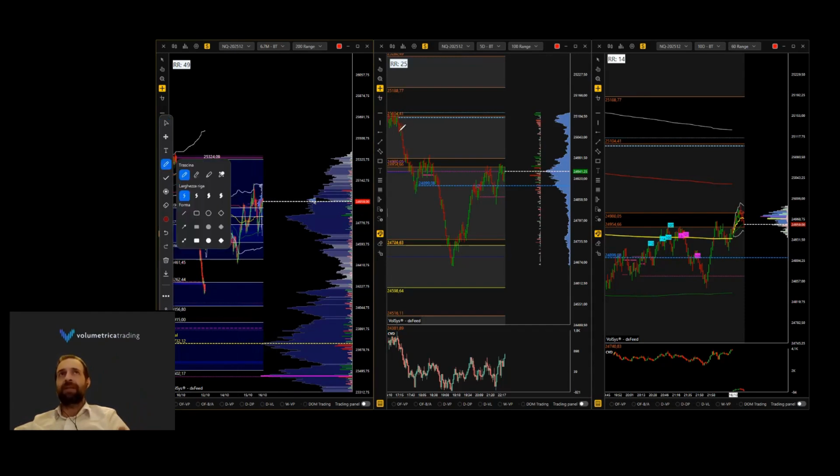Far fewer than in the S&P, because here the only real important resistance is this one at 25,324, which goes from 25,324 up to 25,365, so a narrow range of 30 points.